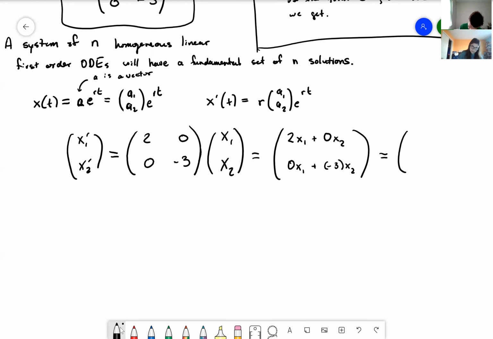Well, this is just 2x1 and minus 3x2. And what we get from this is x1 prime is equal to 2x1, and x2 prime is equal to negative 3x2.